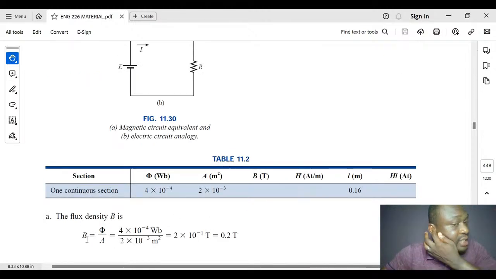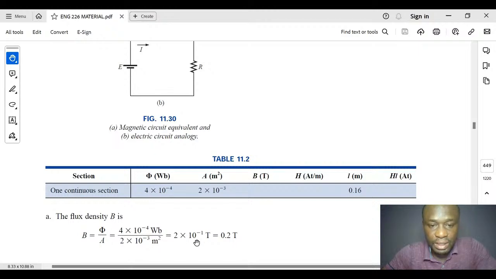Our magnetic density B is equal to phi over area. This was the formula I gave you last week. And phi here is 4 times 10 raised to power minus 4, and area is 2 times 10 raised to power minus 3.